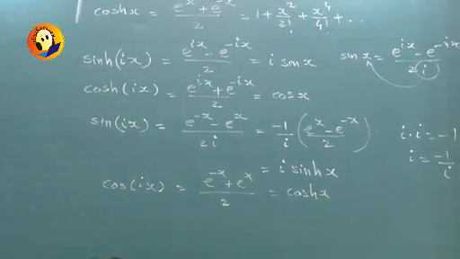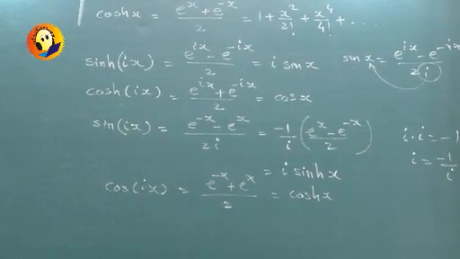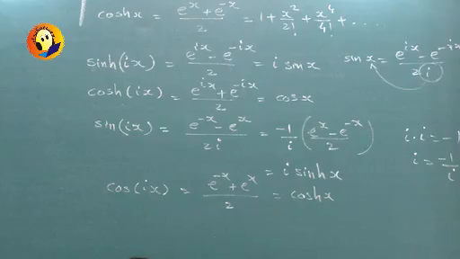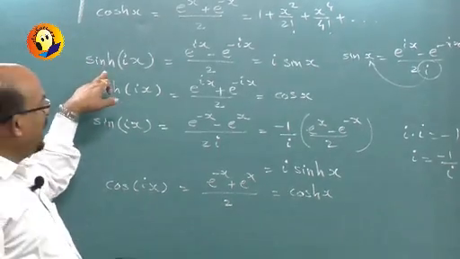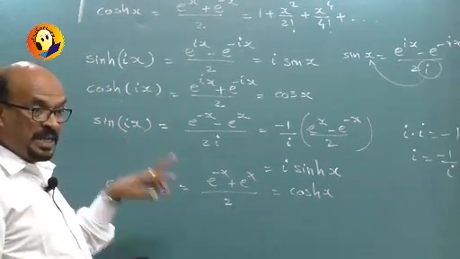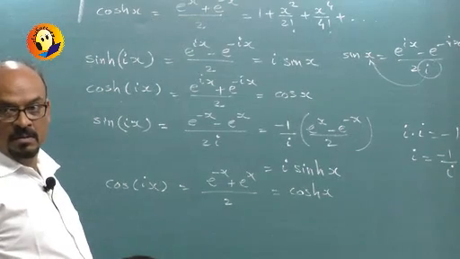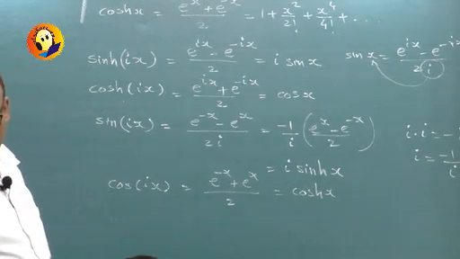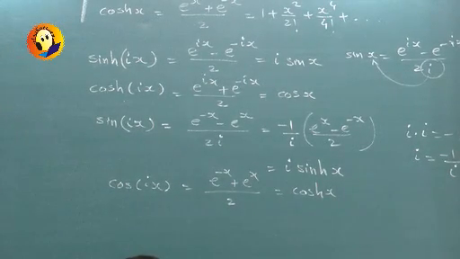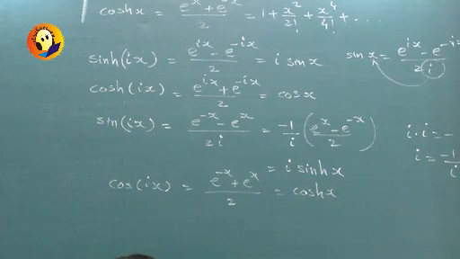So are you getting the point? It is all leading to this: sin ix is i sin x, cos ix is cos x. Right? So while mugging up, you will have to mug up that correctly.